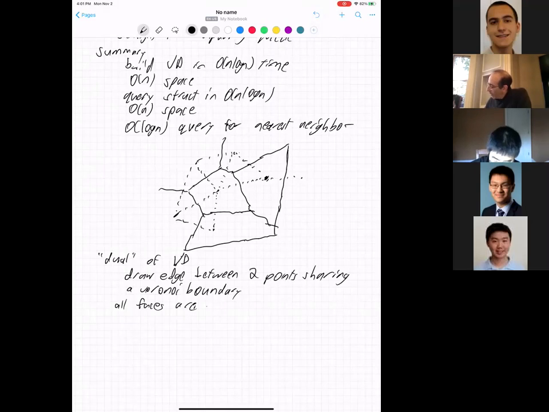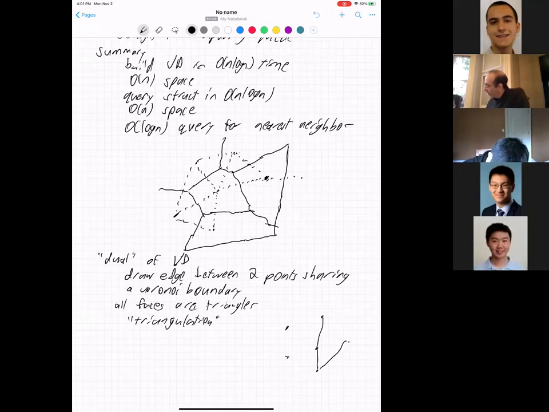And so what you've actually created is what's called a triangulation, where you're given a set of points and you're supposed to join them up to make a network or to make a graph which is made up entirely of triangles.